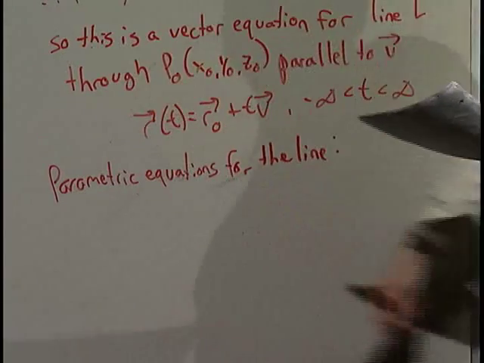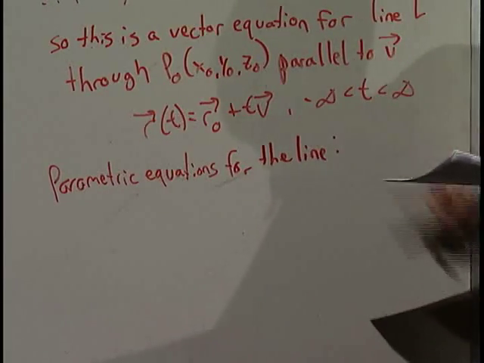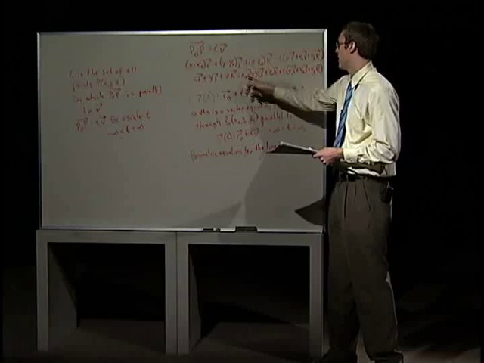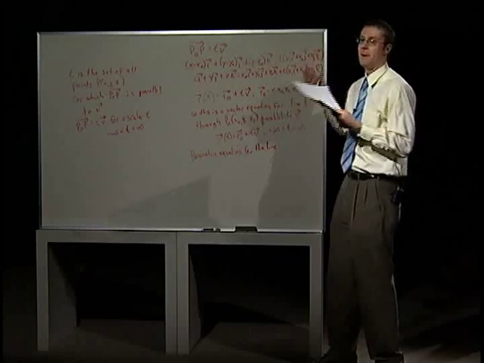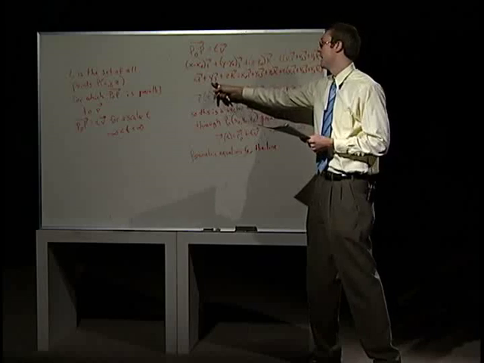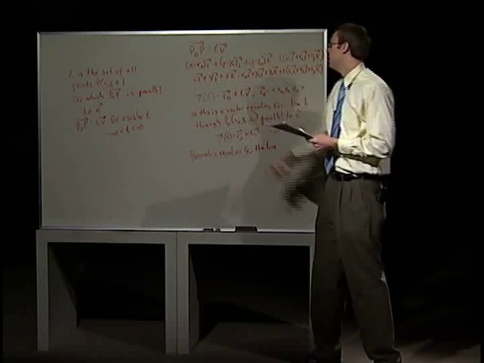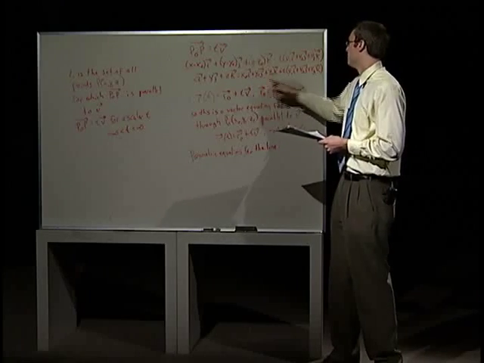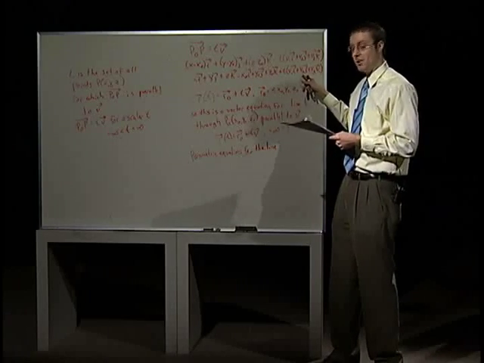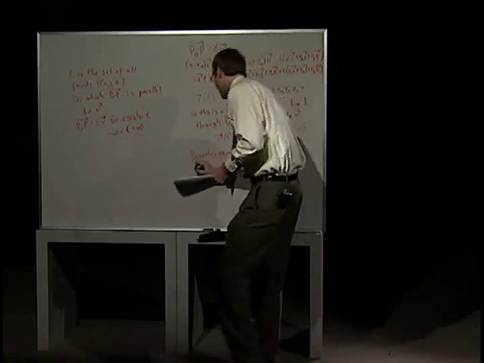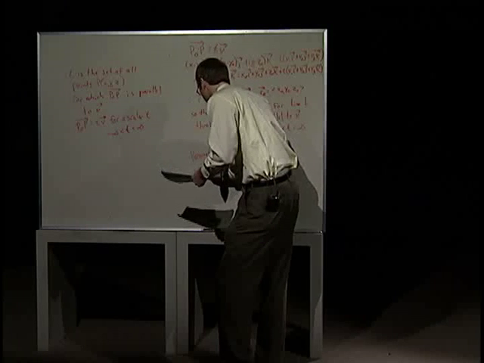Well, it's x. And what is the i component on the right-hand side? Well, it's x0 plus tv1. Same thing with the y component. On the left-hand side, it's y. On the right-hand side, it's y0 plus tv2. So these equations come directly out of our above statement.